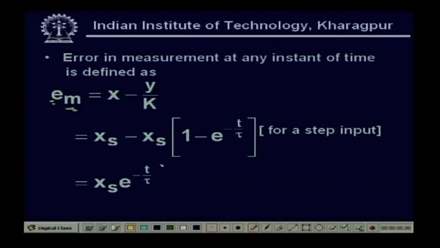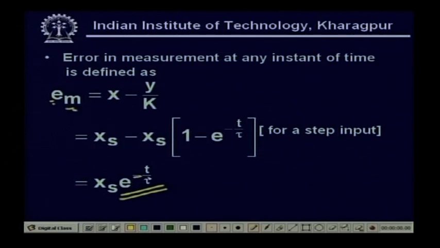As the time grows, this error will become smaller and smaller, because it is a negative exponential term. Obviously, as t becomes large, this will die out.